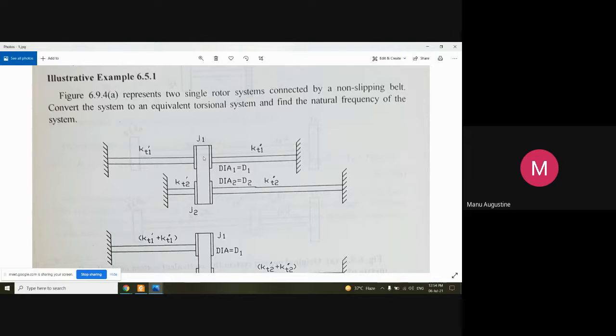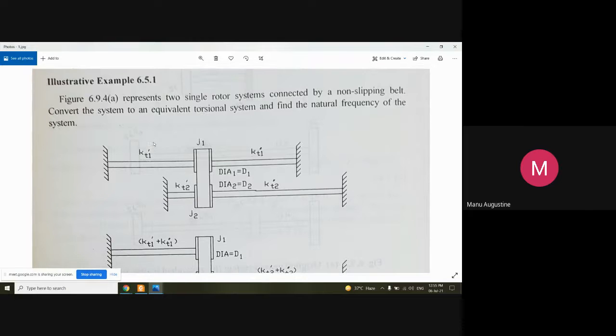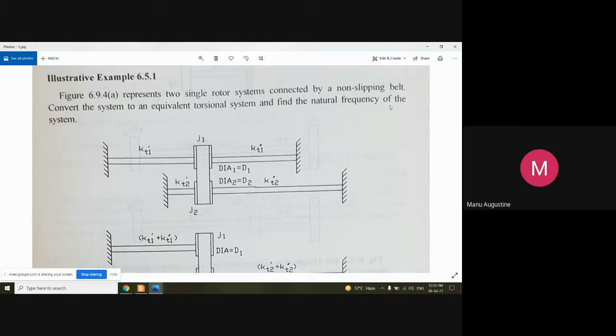Okay. Now after the belting has been connected with the pulley of inertia J2, J1 and J2 are the inertias of the pulleys that are given. Okay. The left hand side and the right hand side are once again connected with shaft stiffnesses of KT2 dash and KT2 dash on both the sides. Now, what is the question here? Find the natural frequency of the system.